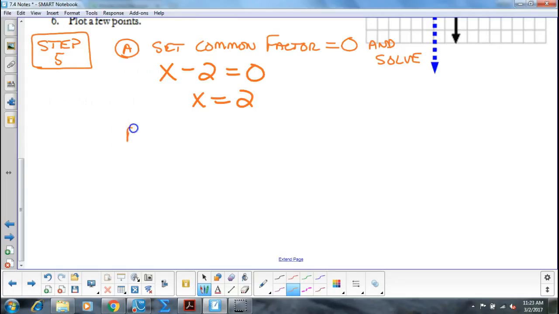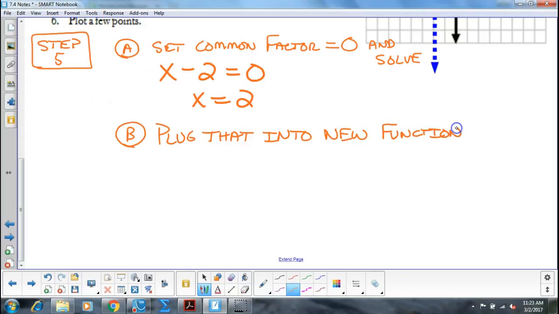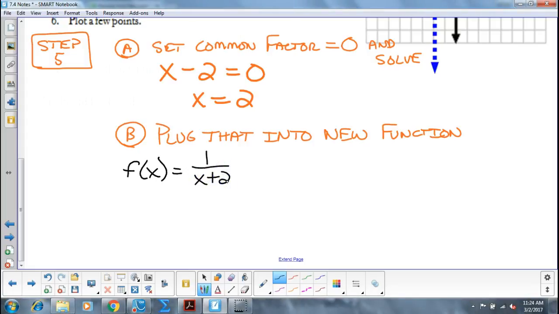Then we are going to plug that into the new function. So my new function was f of x equals 1 over x plus 2.